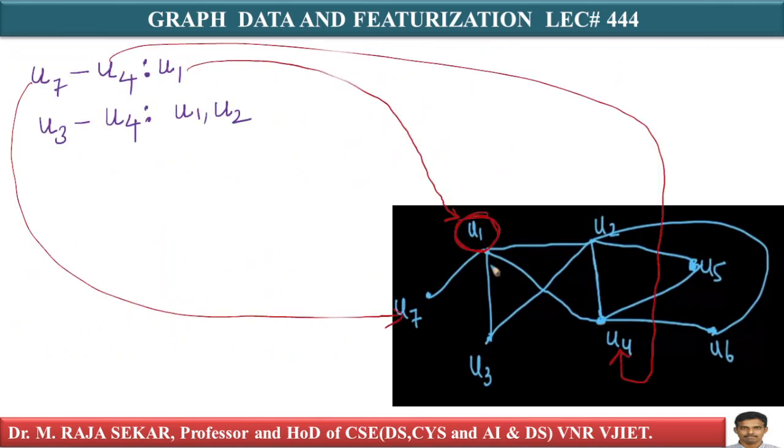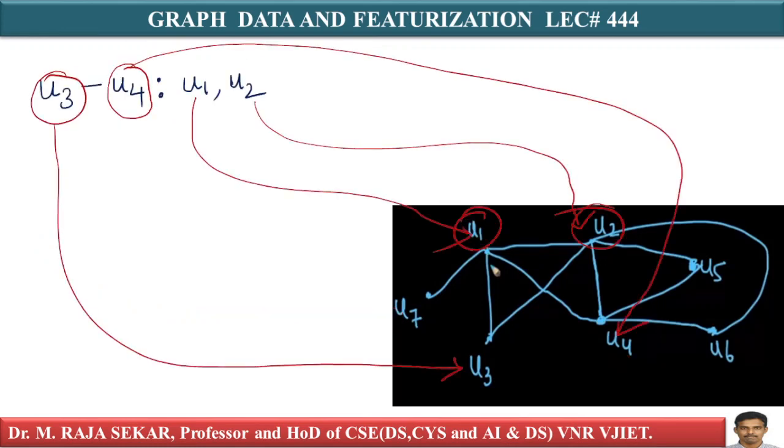Between U3 and U4, there are two common friends, U1 and U2. If I create a feature f1 which is the number of mutual friends, we know that the more mutual friends, the higher the chance that a pair could be friends. So we can actually use the number of mutual friends as a feature.